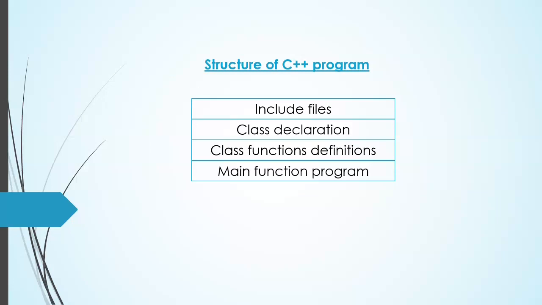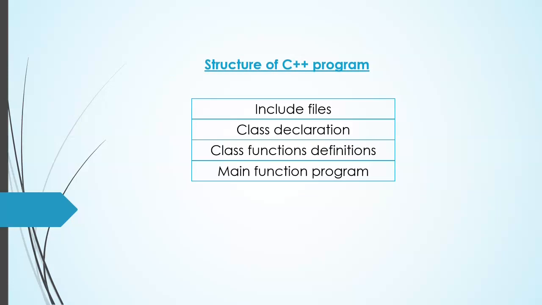A typical C++ program structure is divided into various sections, namely include files, class declaration, class functions definitions, main function program.